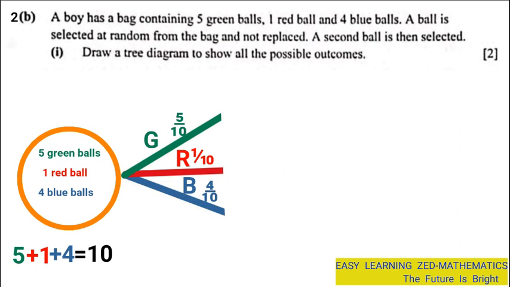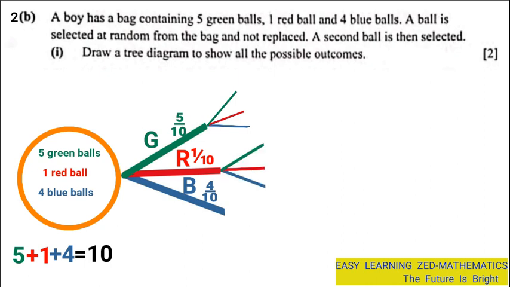Okay, so we're going to draw the same like this. Let me just reduce the size. So if the ball that was picked at first was green, what will be the probability of us picking green, red, or blue? I'm going to start with the arm which is green.